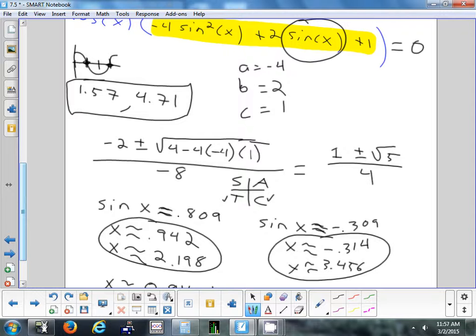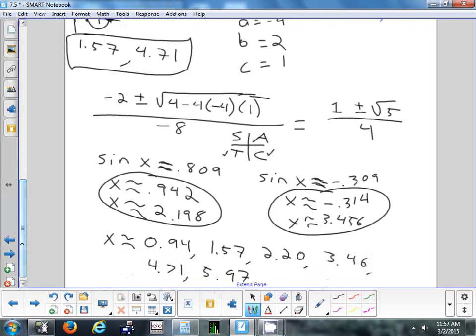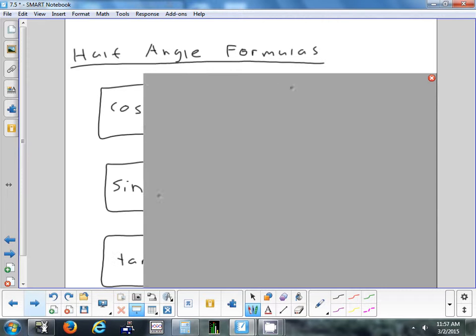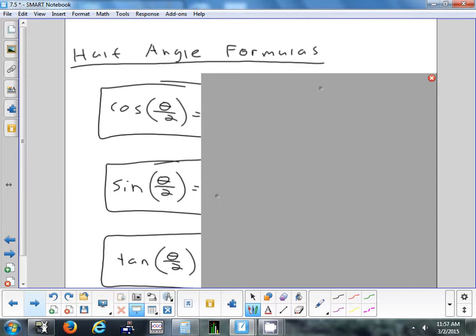Okay, so the last slide is 3 formulas, which I'm not going to do an example with right now, but just so you have them. If you don't want to take them down now, you can get them on page 417. And they're half-angle formulas.